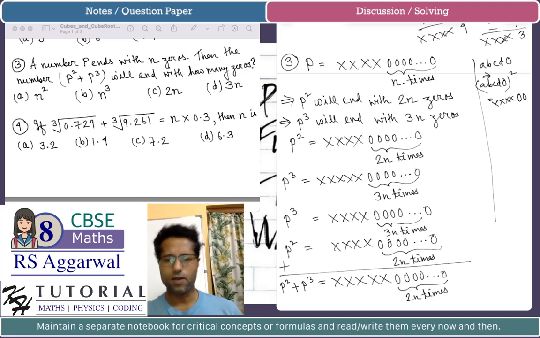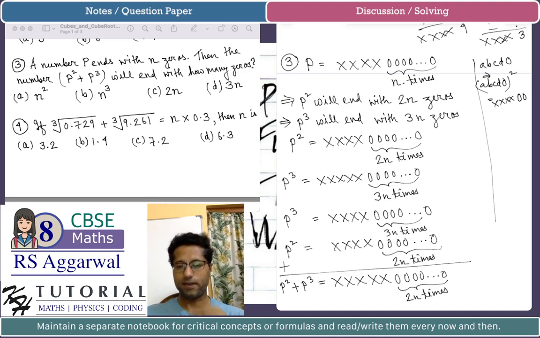Why? Because if you are adding all the digits in the p square, all the digits to the left hand side of the ending zeros, which are 2n times, there are 2n zeros.